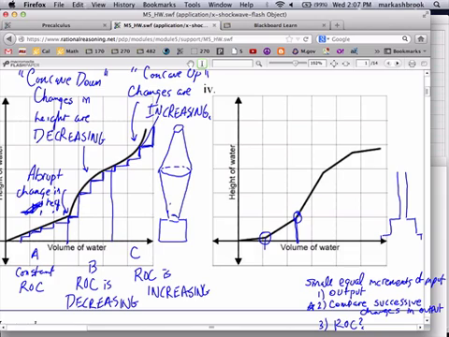For equal changes of volume, the changes in height are equal, but they're much greater. And then here it's going to get wider, and then back to very wide at the end. So that's something like what this will look like.